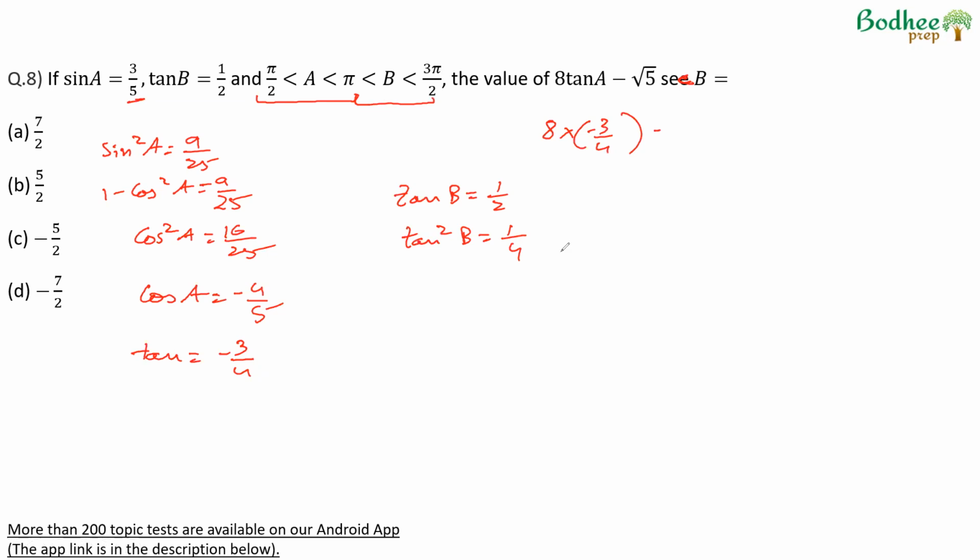We will get sec square. Sec is 1 by cos, and we need 1 by cos here. So here I can write sine square B upon cos square B as 1 by 4.